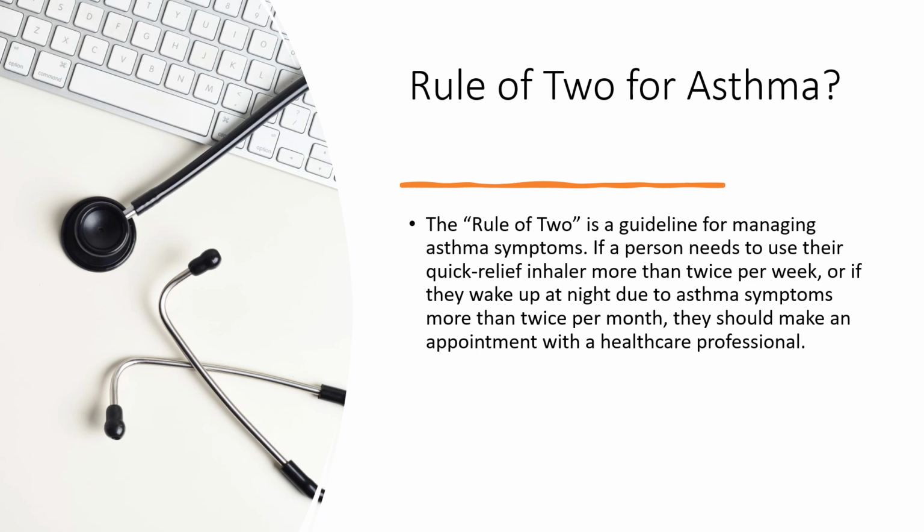If a person needs to use their quick relief rescue inhaler more than twice a week, or they wake up at night due to asthma more than twice a month, they should make an appointment with a healthcare provider, because if your asthma is well maintained and you're using your controller medications correctly, you should not have to use your rescue inhalers more than 2 times per week, or wake up more than twice a month. Now, if you're waking up at night with, quote, asthma, you have to rule out, and that's why the appointment with the healthcare provider is important, whether the patient has GERD, and are they having silent aspiration, which is causing a reflux bronchoconstriction?